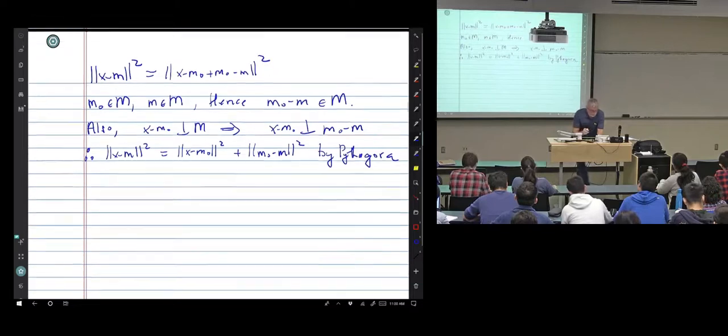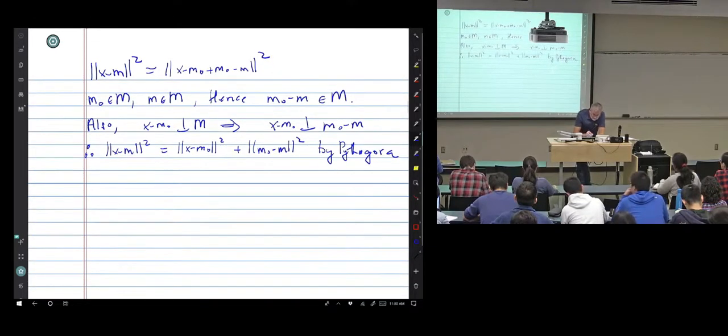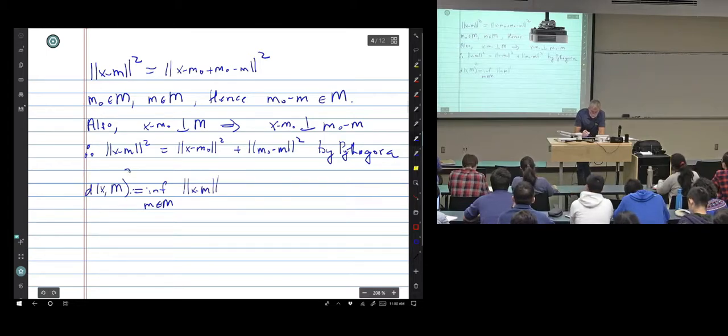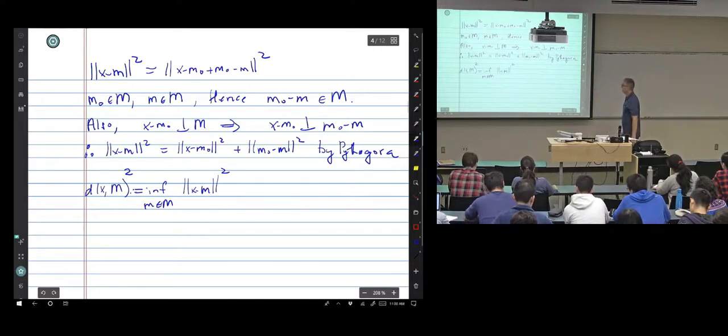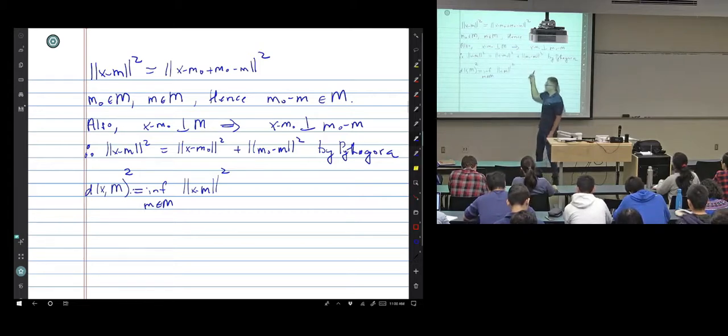Okay, so I want to calculate the distance from X to M. That's by definition the infimum over little m in M. So I'll do the distance squared. Okay? And that's equal to a sum of two things.